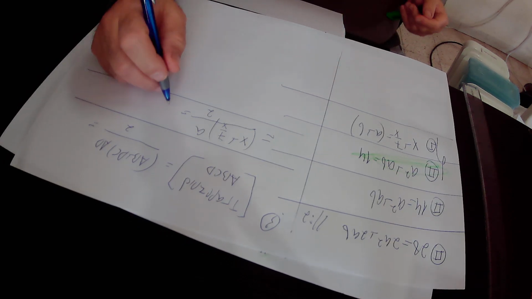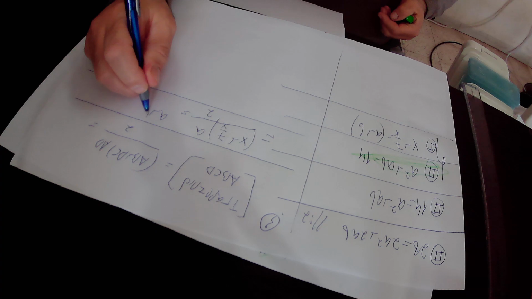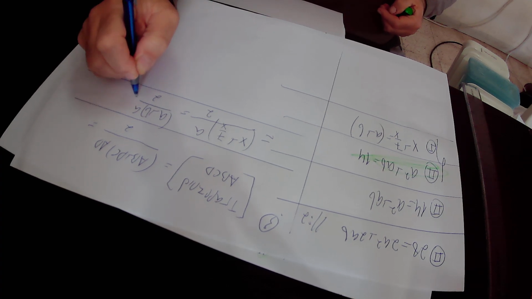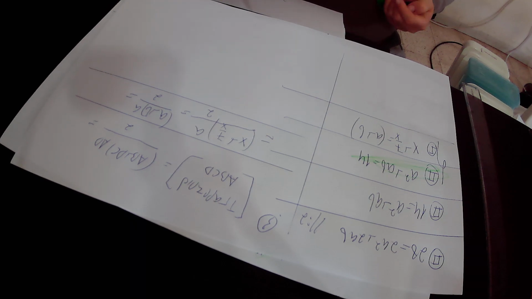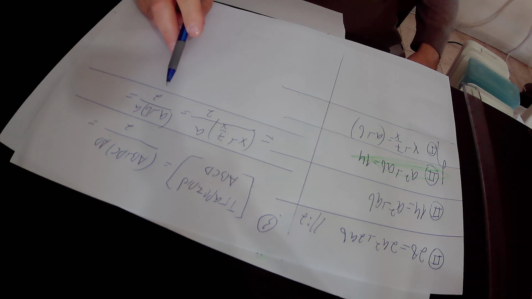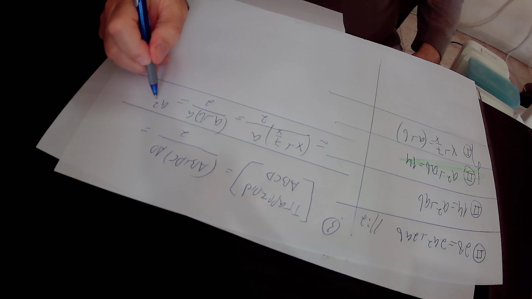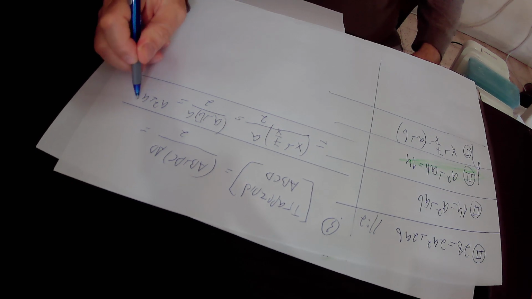So x plus 7 over x is a plus b, and we have to multiply it by a over 2. In conclusion, the area of trapezoid ABCD equals (a plus b) times a over 2. Here we open the brackets, and we get that a times a is a squared, plus ab, over 2.